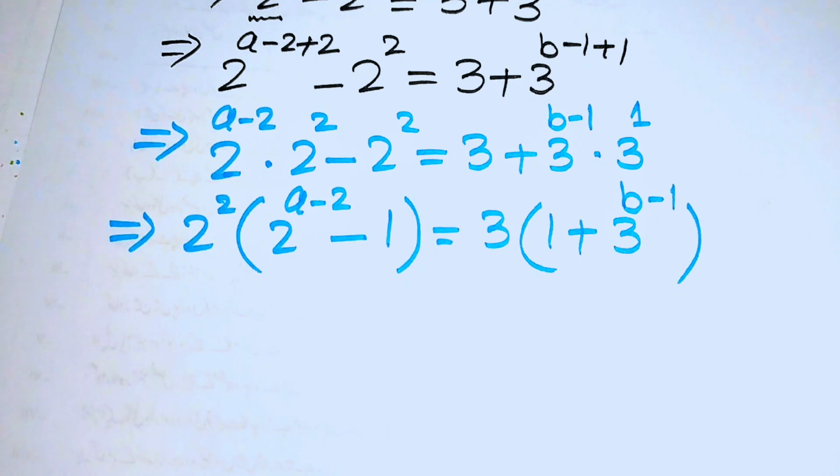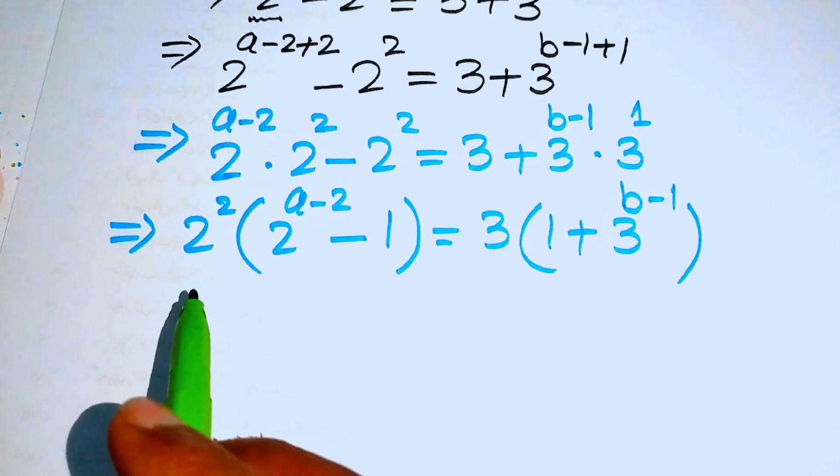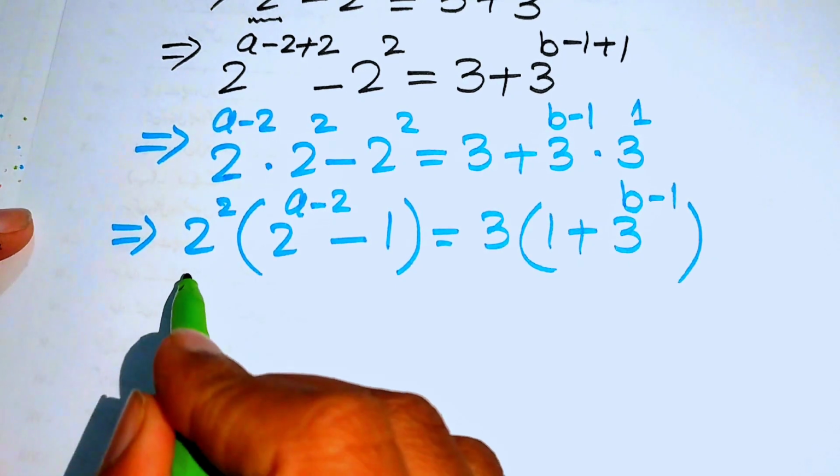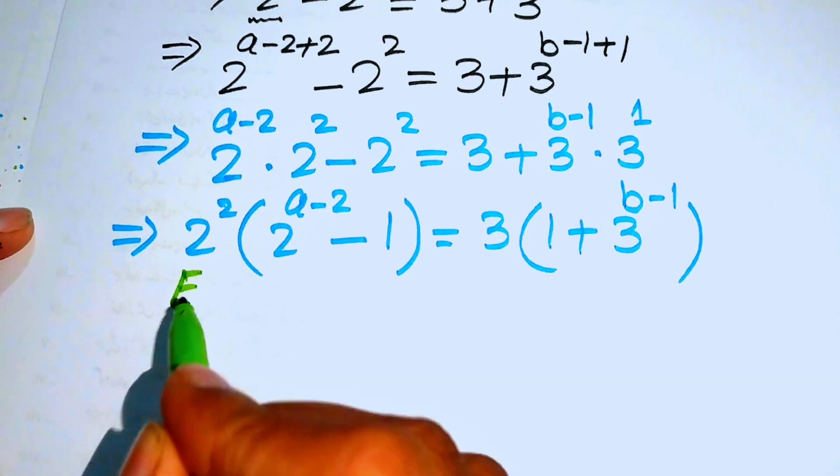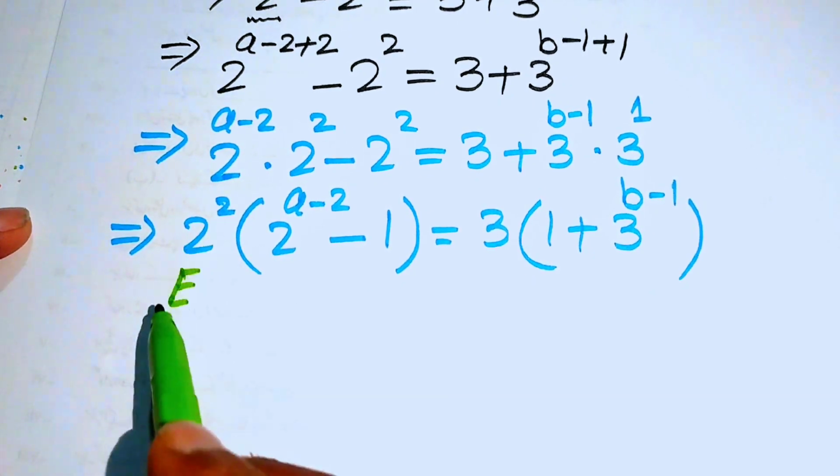you see here this is 2 square and we know that 2 square becomes 4 and 4 is an even number, so this term is an even number.